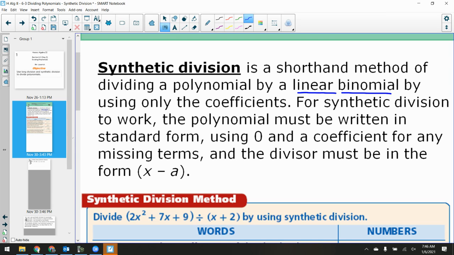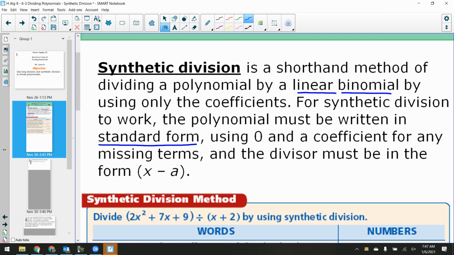Another thing you have to watch out for with synthetic division, you have to write it in standard form. It's got to be written in standard form, greatest to least in terms of the power. And also, all terms must be represented, using a zero as a coefficient for any missing terms. If anything is missing, you have to write it in as a zero.